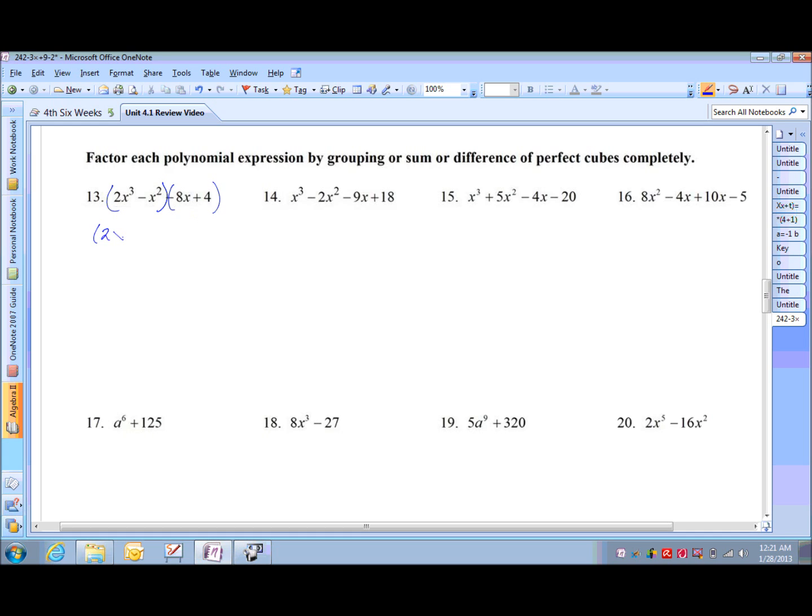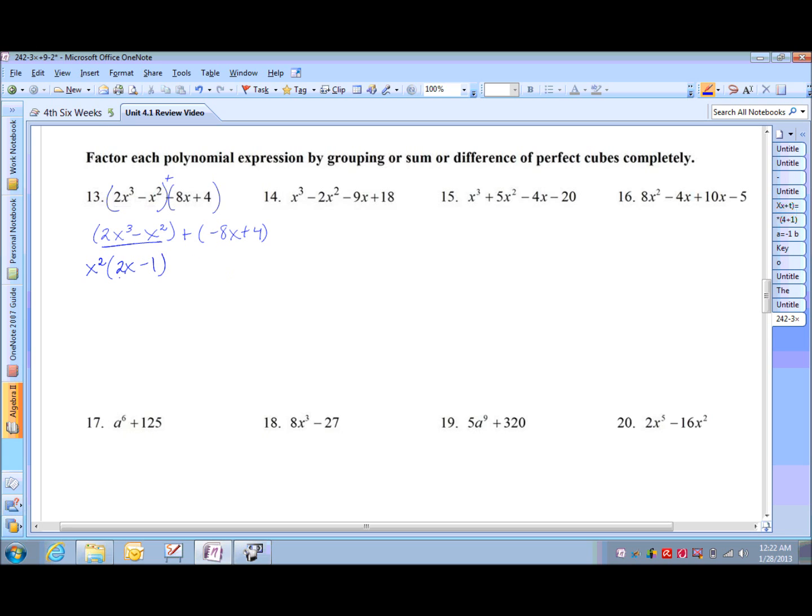So you're going to end up with 2x cubed minus x squared plus negative 8x plus 4. Okay, so now we need to pull out whatever we can in this set of parentheses. In this first set of parentheses right here, we can pull out an x squared. And when you pull out an x squared, you're left with 2x minus 1.